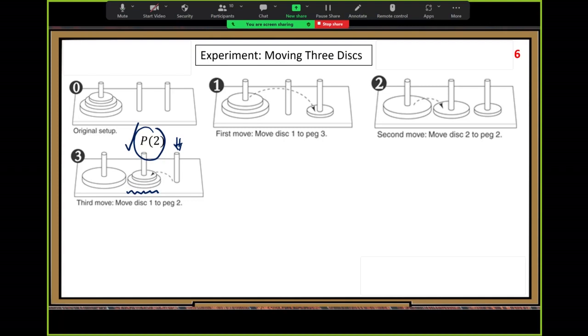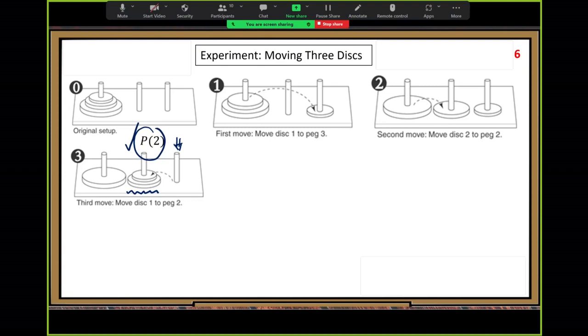The second peg we treat as the temporary peg. So we apply the solution to the problem of size 2 from the starting peg to the temporary peg. That's what we did so far.